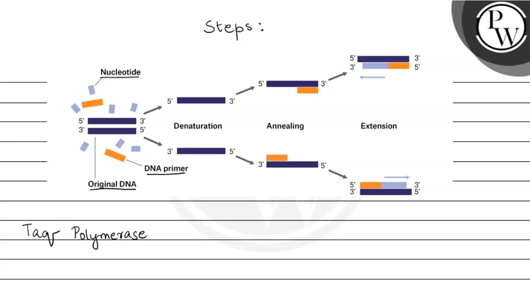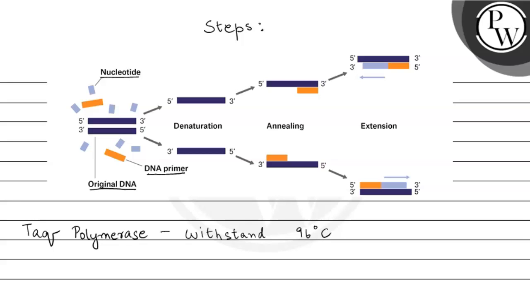Now, this enzyme is specifically used for PCR reaction, and Taq polymerase is an enzyme which is derived from Thermophilus aquaticus, which is a bacteria. And the special feature about Taq polymerase is that it can withstand very high temperatures of around 96 degree centigrade. So Taq polymerase is actually a DNA polymerase which can withstand very high temperatures.